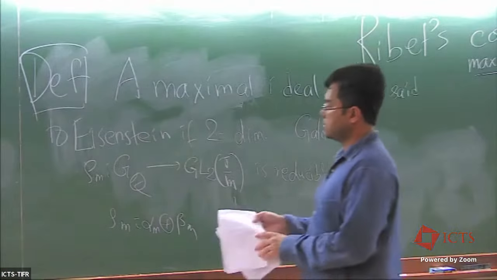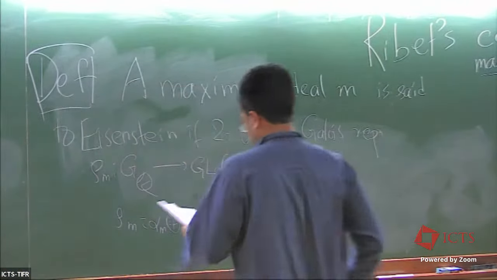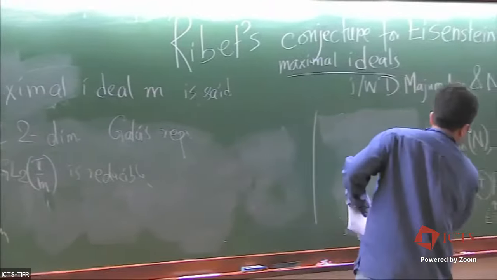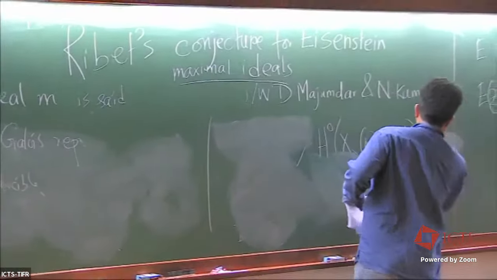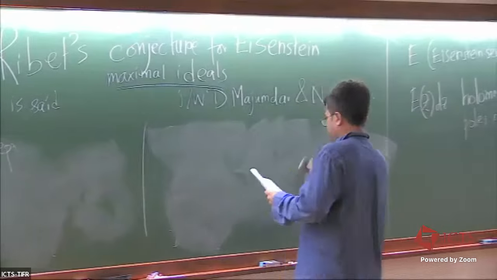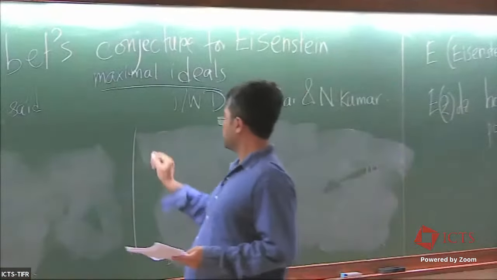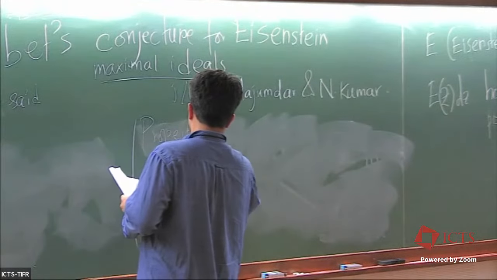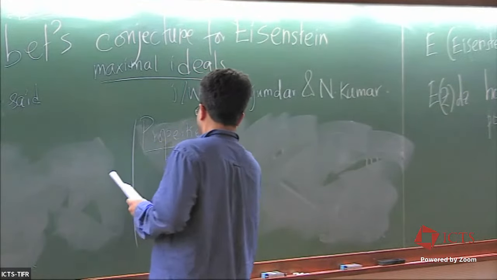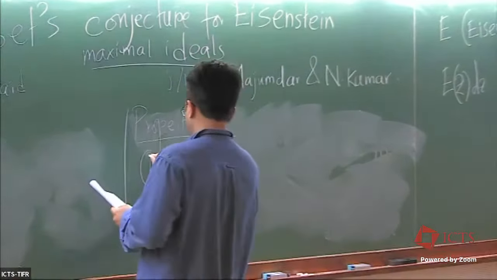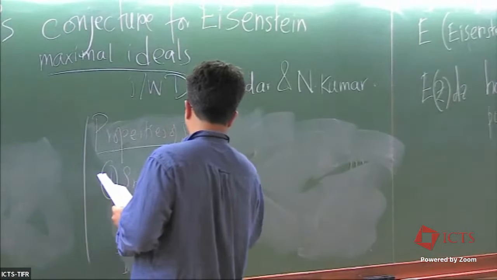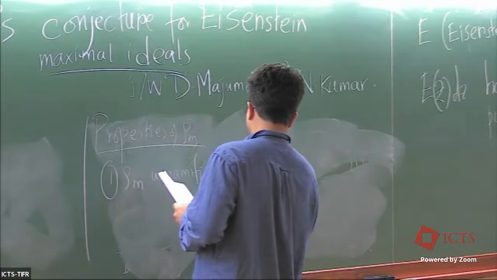It is determined by the trace and the determinant. So you have these properties of rho m.